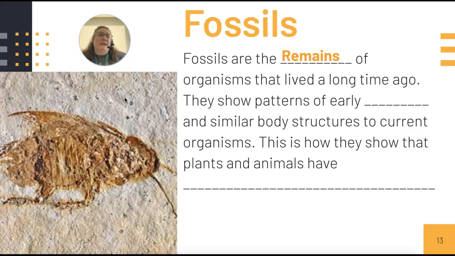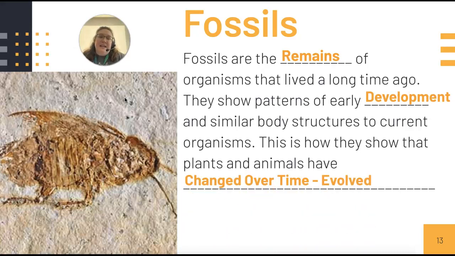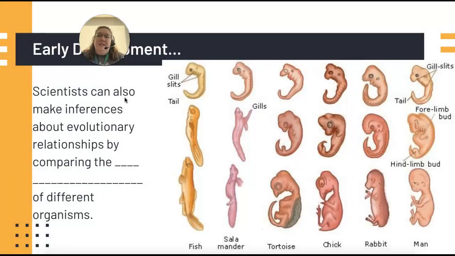So they can be remains, but they can also be traces. They show a pattern of early development and similar body structures to current organisms. This is how we show that plants and animals have changed over time, because we can look at them and go, oh, these look very similar to what we have now, but they're not the same. And so that's one piece of evidence.